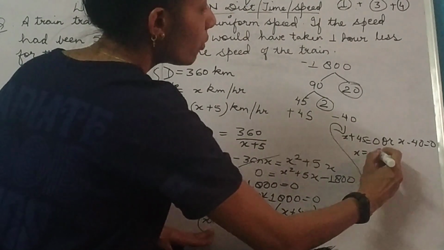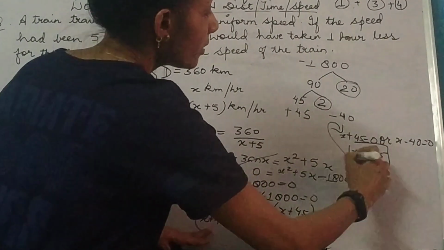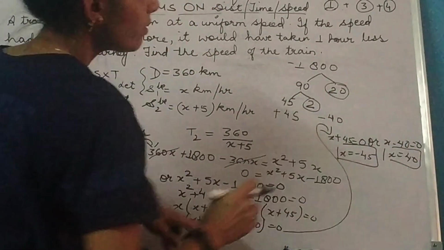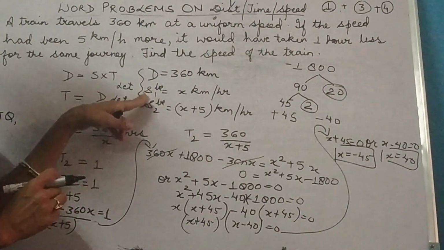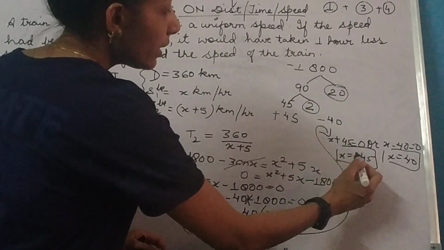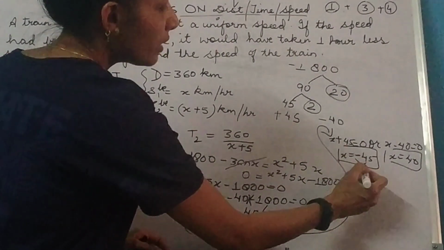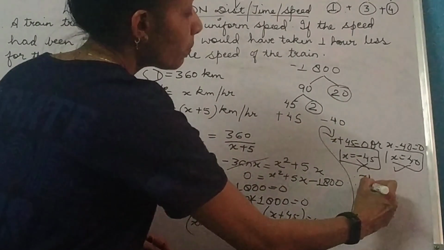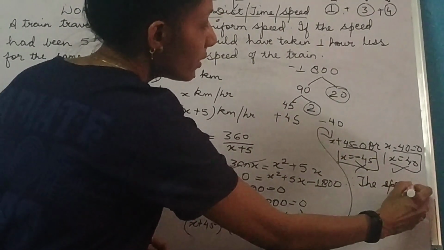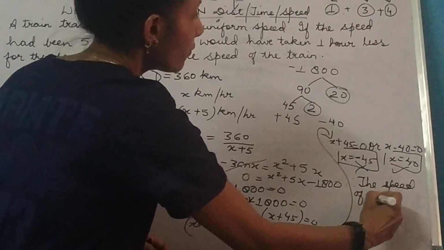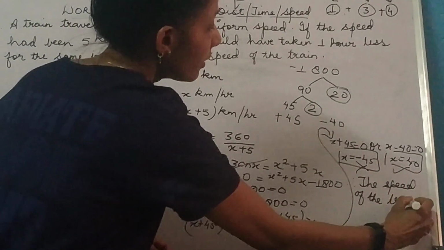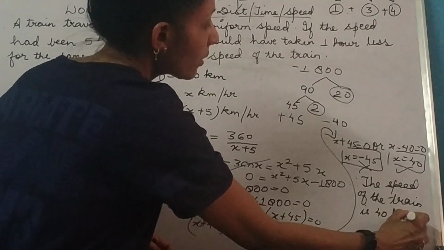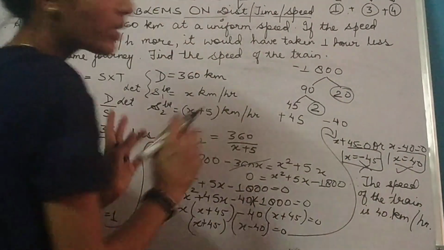This gives me the value x equal to minus 45 and this will give me x equal to 40. Initially we had taken x as speed 1. Now speed cannot be negative, so we'll reject this and we'll consider this. Therefore the speed of the train is 40 kilometers per hour. Make a note of it.